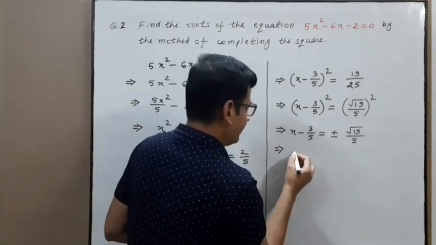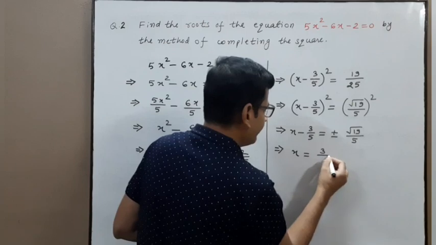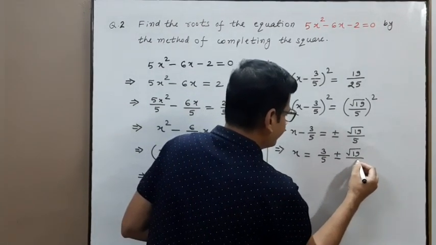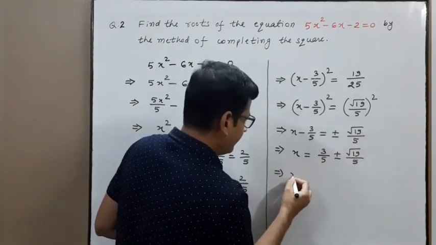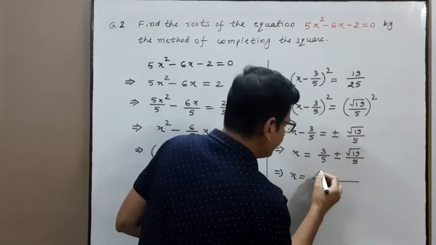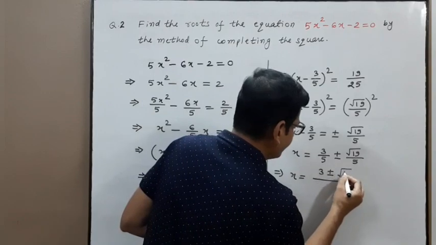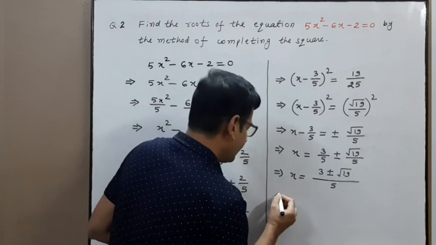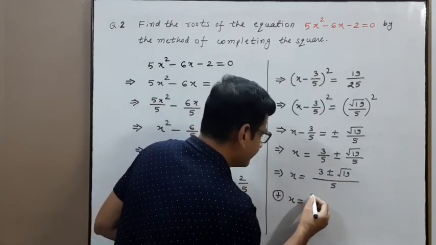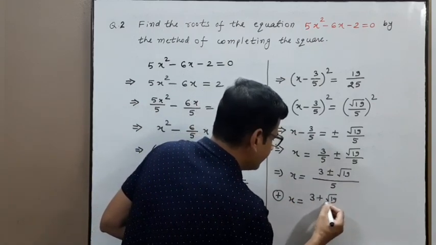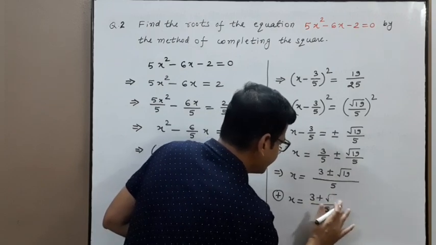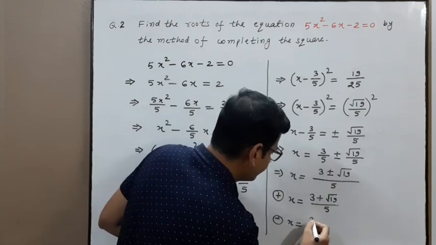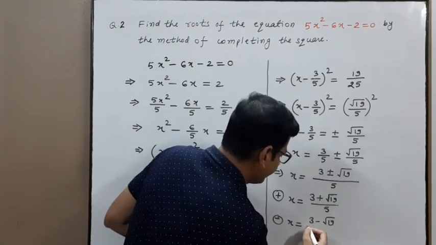Next step, x equal to 3 upon 5 plus minus root 19 upon 5. Taking LCM on the right hand side, we get 3 plus minus root 19 upon 5. There are two answers. Taking plus sign, we get the first answer, x equal to 3 plus root 19 upon 5, and the second root is x equal to 3 minus root 19 upon 5. So again there are two roots.